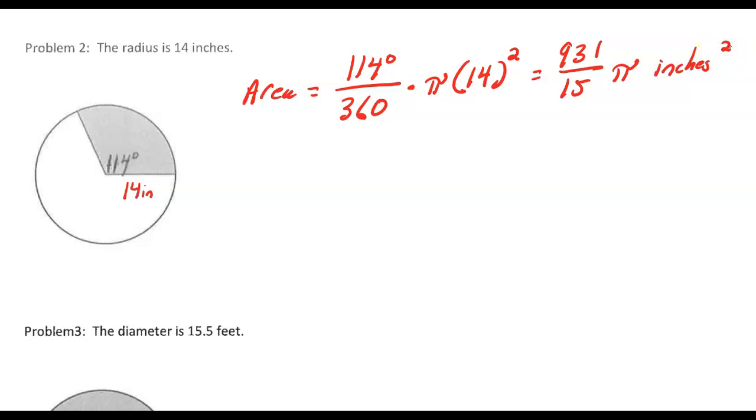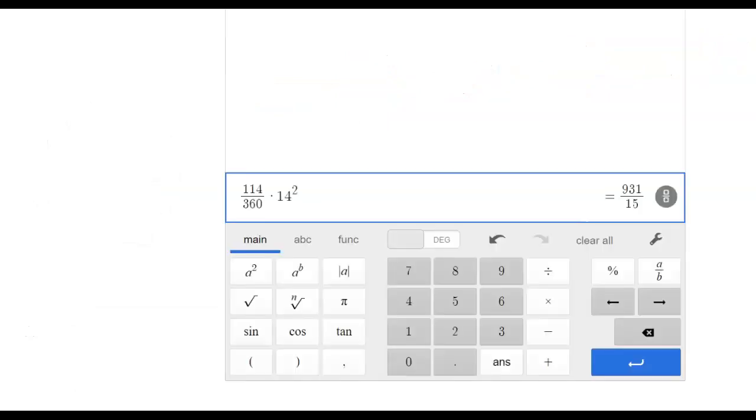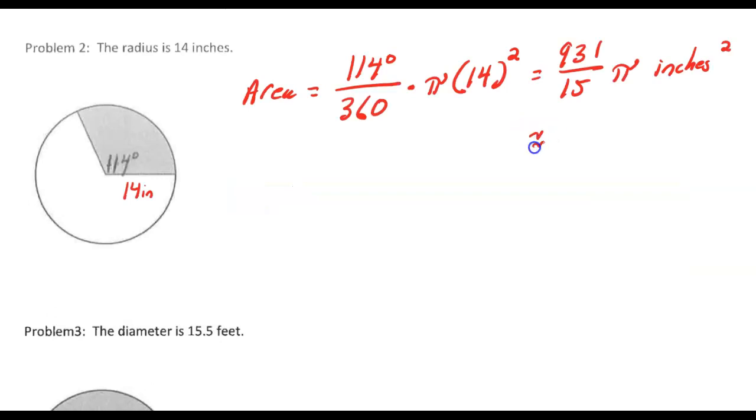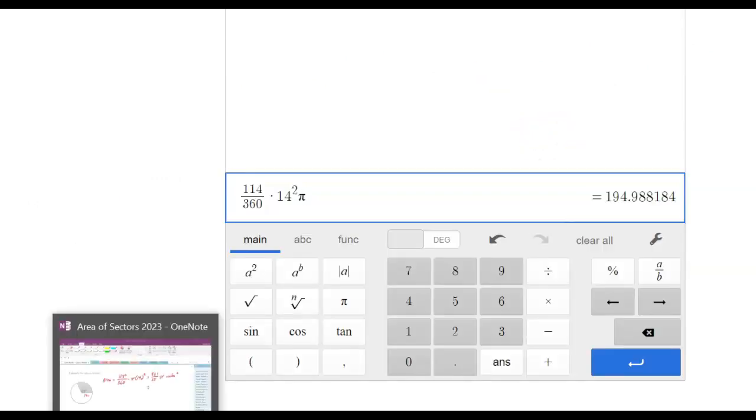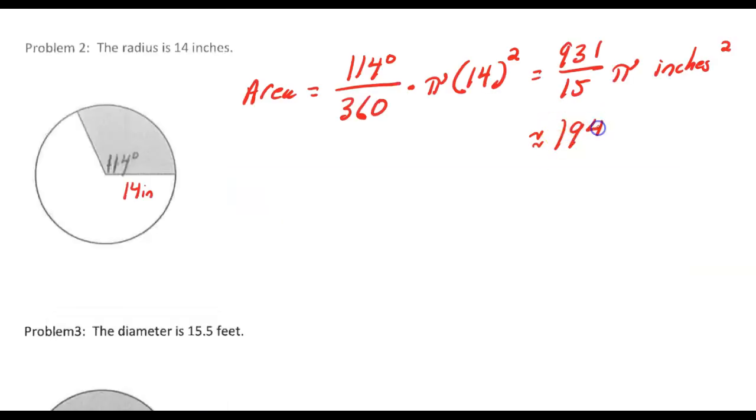Then I'll go back to my calculator and multiply that by pi to get the decimal approximation of 194.99 inches squared.